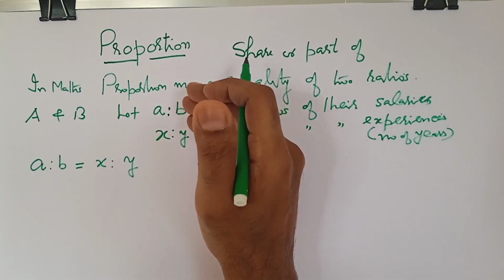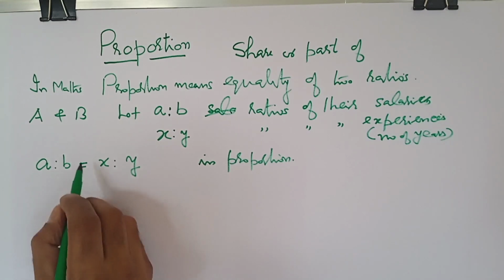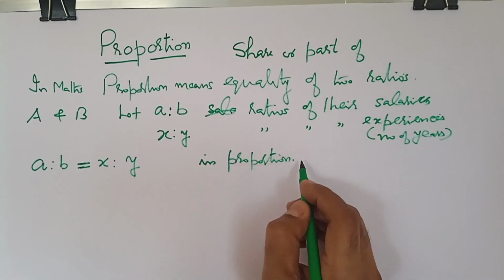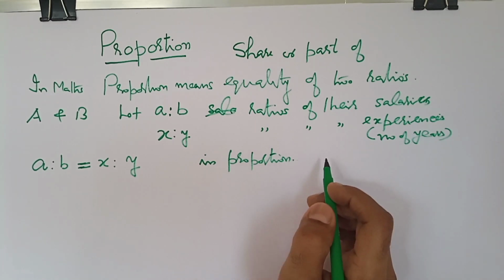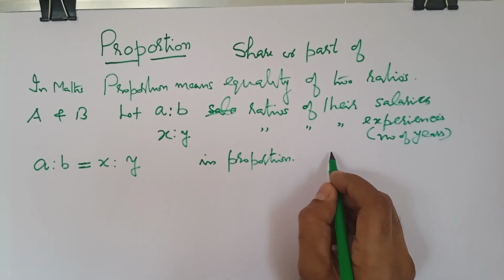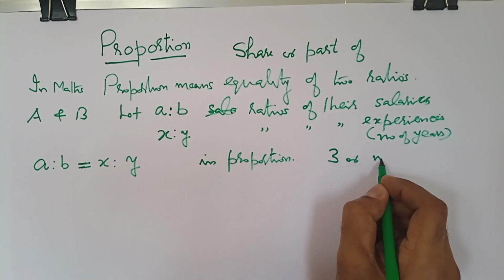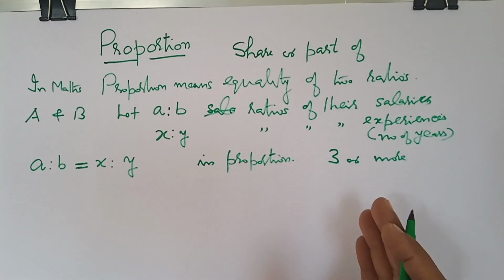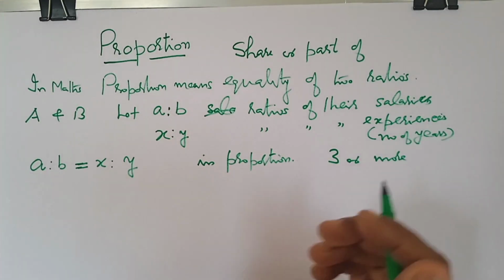If they happen to be equal, as I have shown here, then we say these four quantities are in proportion. So this is the meaning of proportion in maths. I have considered two ratios, but this can be extended to even three or more ratios. So basically proportion in maths means equality of two or more ratios.